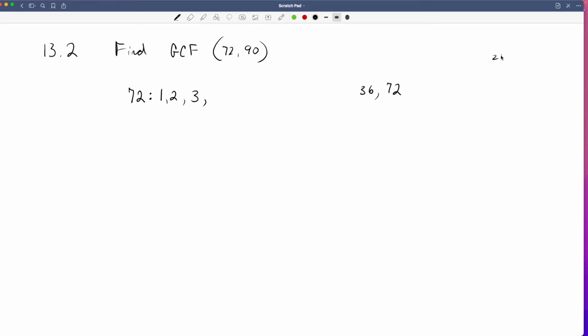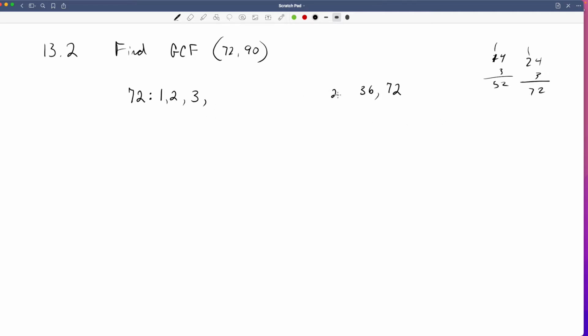Let's try it. 24. No, let's try 14. 3 times 4, that's 12. Carry 1, that's 52. So it's not that. I think it's 24. 24 times 3. 3 times 4 is 12. Carry 1. 6. Oh, yeah, it's 24.